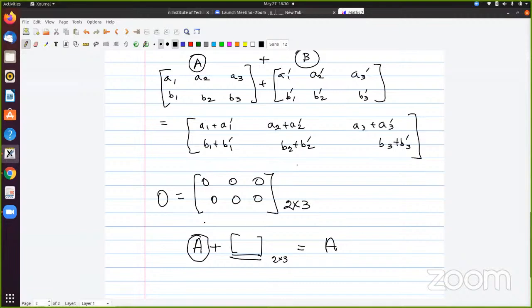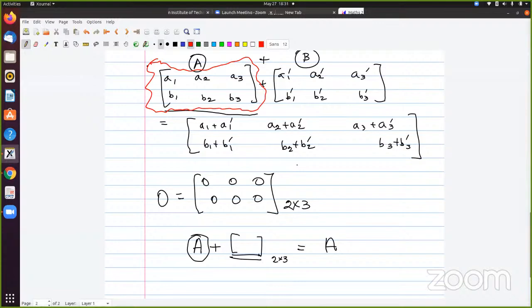Suppose this is my A. First, existence of 0. What matrix should I add with A so that after adding I should get back A again? Zero matrix, of the same order, basically.